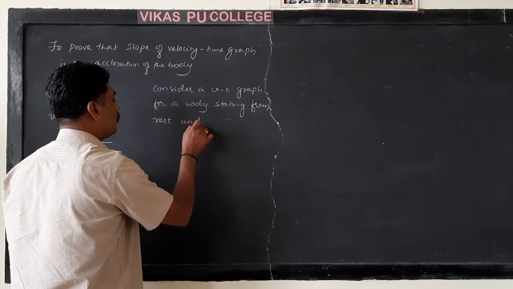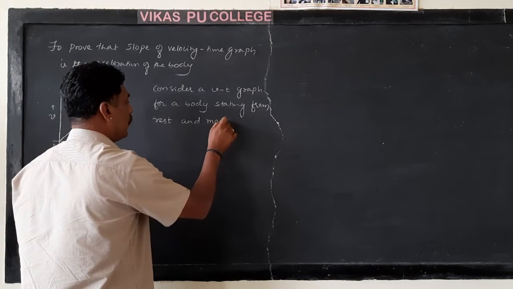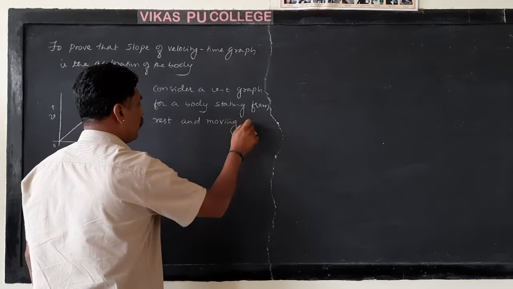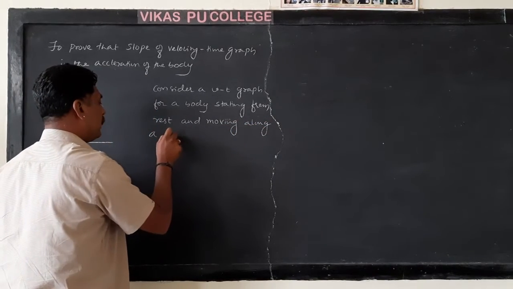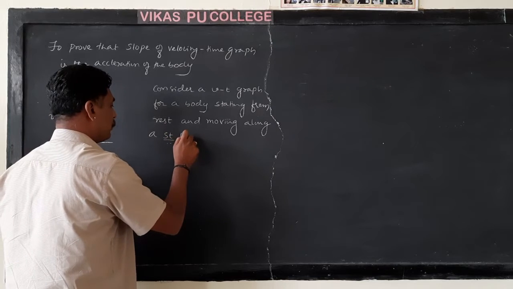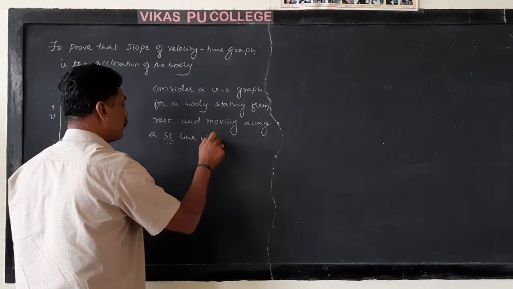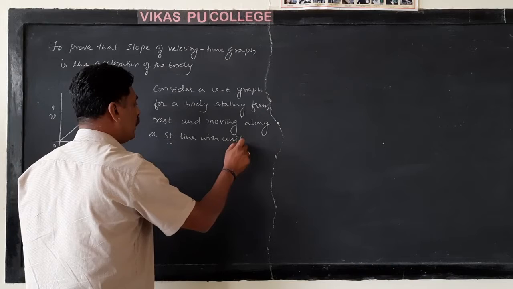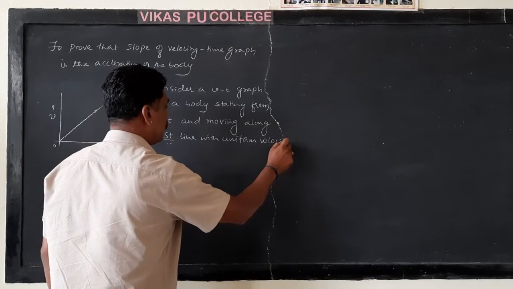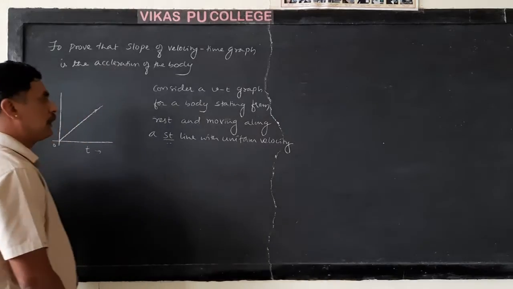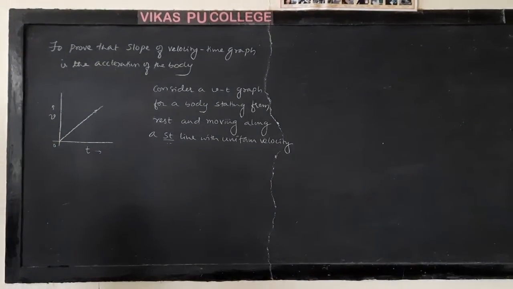and moving along a straight line with uniform velocity. Consider a graph like this.